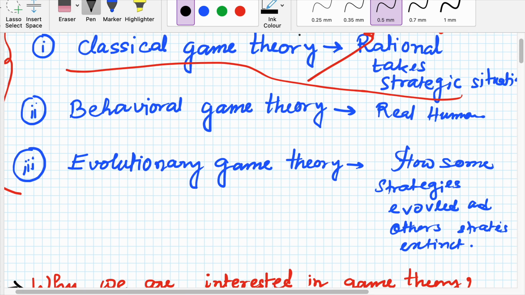And then we have talked about why game theory is a very useful tool for representing a universal interaction. And by interaction I mean strategic interaction.